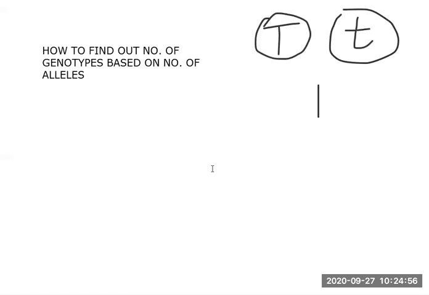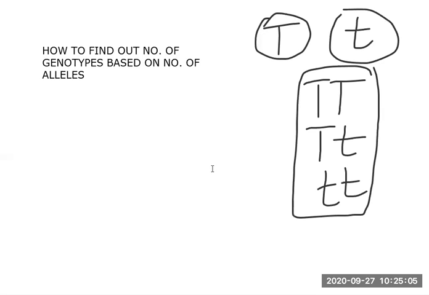Whenever the two allelic forms are present, capital T and small t, how many genotypes do we obtain? Three genotypes: homozygous tall, heterozygous tall, and homozygous dwarf. In that case, we say there are two alleles and three genotypes.